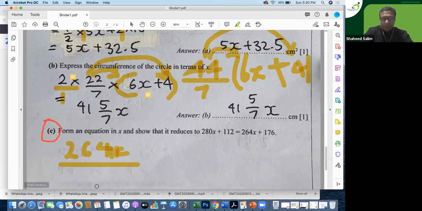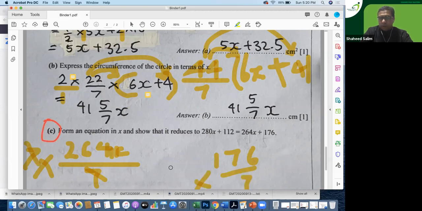Over 7. Now, if I take times by 7, can you see that this 7 I can cancel? Then the next one you also need to times by 7, and your original one has 176 over 7, right? And you're going to multiply by 7. Same thing, you will cancel.